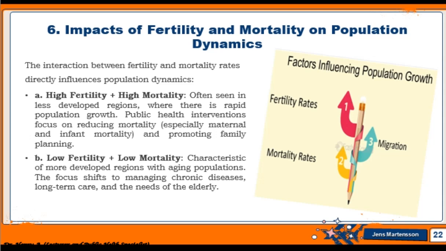We'll also be discussing low fertility plus low mortality. But we want to see the impact of fertility and mortality on population dynamics. How do they relate? What's the gap and what occurs? Now, this interaction between fertility and mortality directly shapes the demographic profile of a population and by extension its healthcare needs.